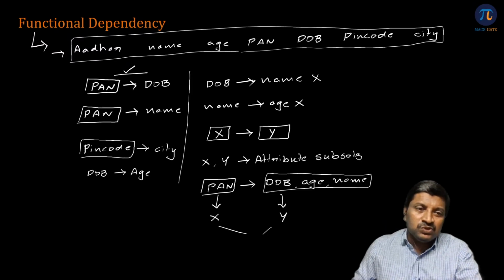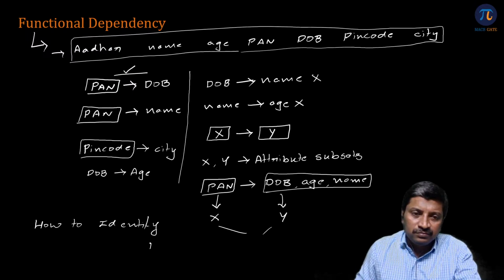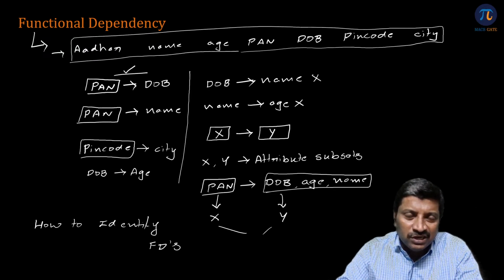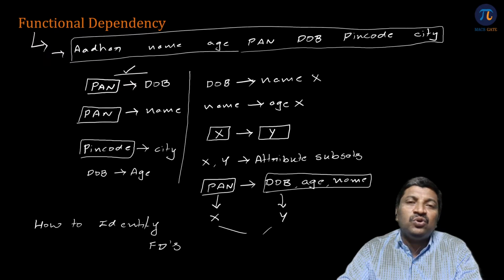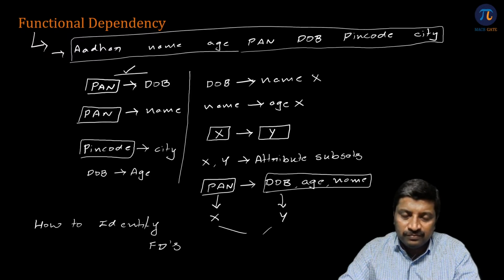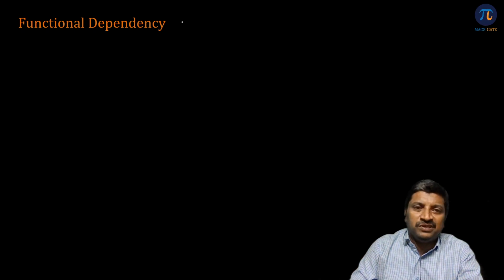That's the main question, sir. Is the question clear? In this example, it's very good. Sometimes we don't know anything about the attributes of the relation, then how to identify it? Fine. So to identify the functional dependencies, how?